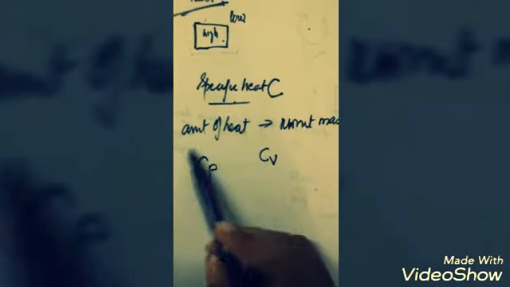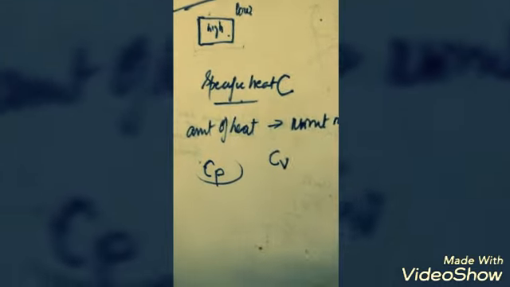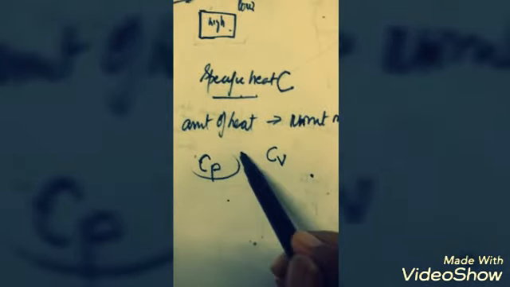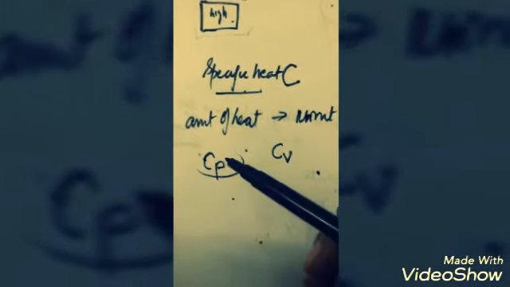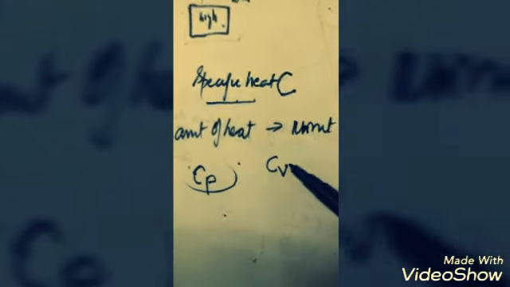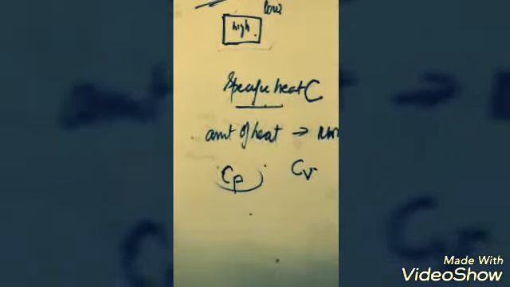So what is specific heat at constant pressure? If you know what is specific heat, these two are relatively very simple. Whenever a gas is heated at constant pressure, that is specific heat at constant pressure, called Cp, and specific heat at constant volume is called Cv, in really simple words.